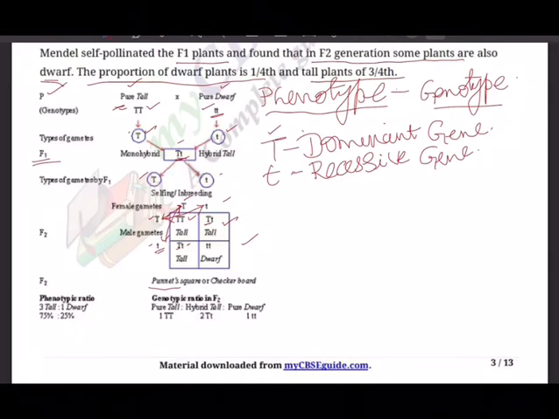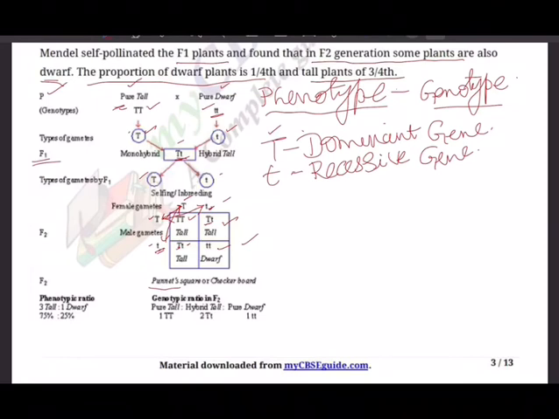And then when this male gamete having small t as gene combines with a female gamete having small t as gene, that means, not alphabet again, I am giving a warning to you, not alphabet, it's a gene combination, so it results in small t, small t, and that results in dwarfism as phenotype.